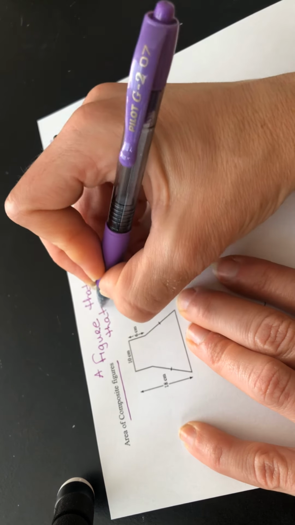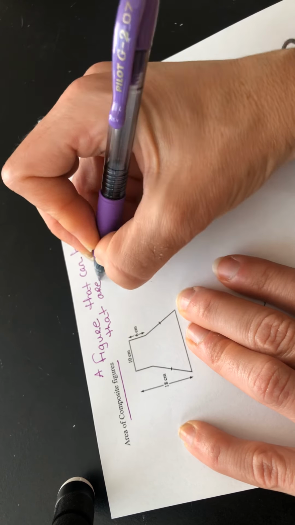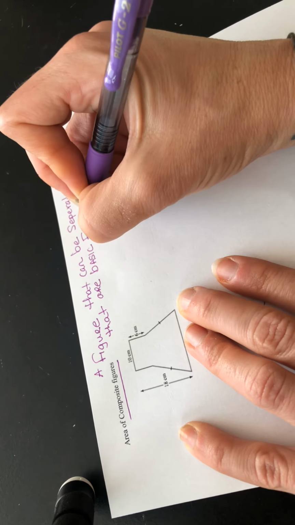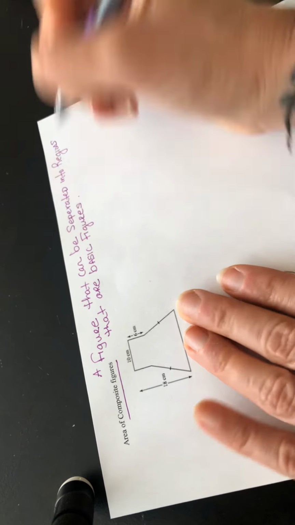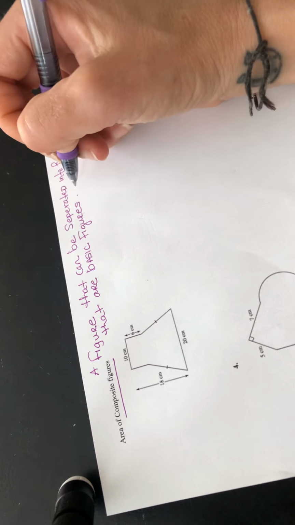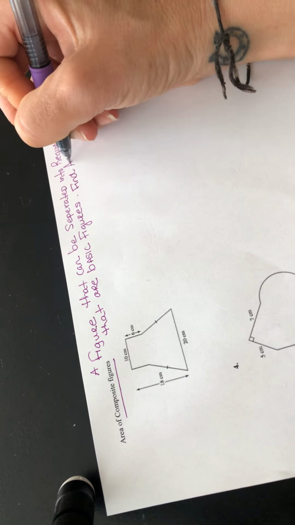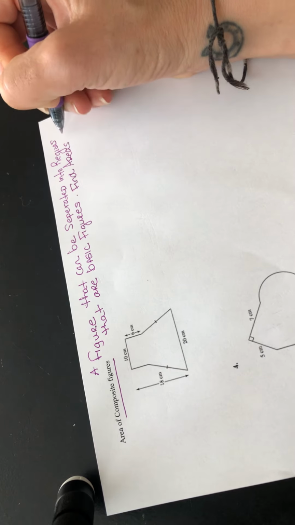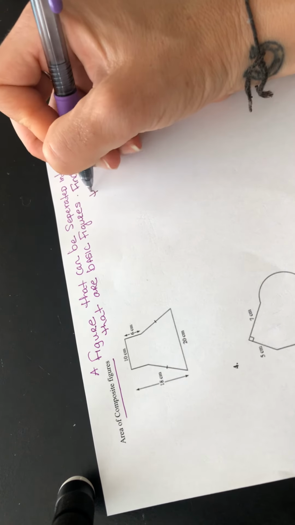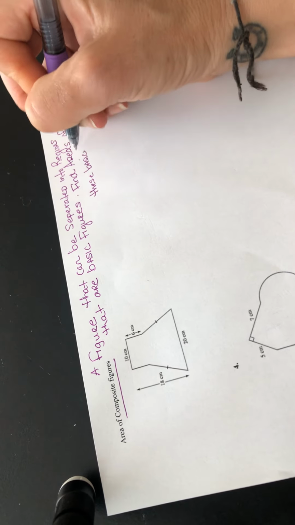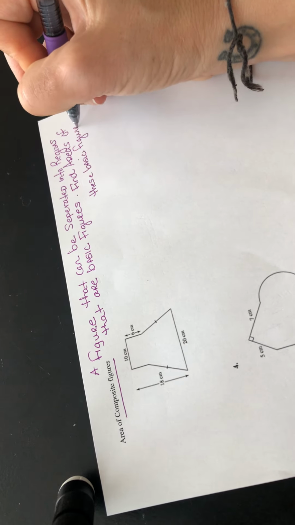Basic figures, like for example, rectangles, squares, things that we've already found. Circles, triangles, trapezoid. And what you guys end up doing is you find the areas of these basic figures. It's pretty self-explanatory. I think you guys would know this. And add or subtract. Okay?